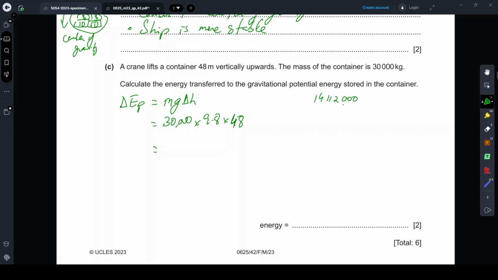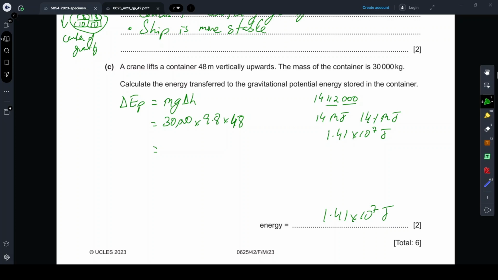So this is like 10 to the power 3, so that makes it kilo, and that makes it mega. So we could say 14 megajoules or 14.1 megajoules, or we could say 1.41 times 10 to the power 7.